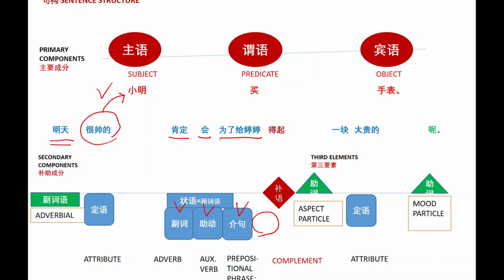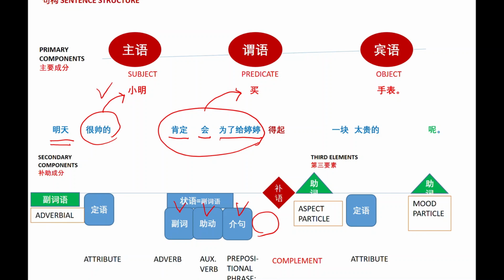Up to here, describing conditions before the action, right? 肯定会为了给婷婷. So, 明天很帅的小明肯定会为了给婷婷买手表.